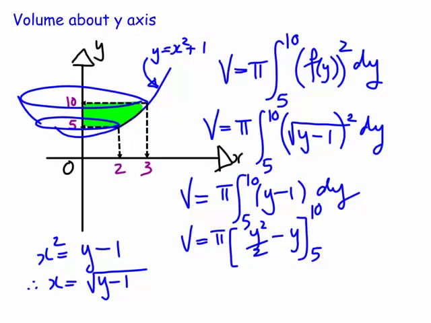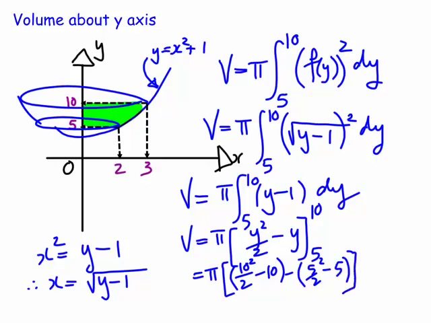So it's pi times 10 squared on 2 minus 10, minus 5 squared on 2 minus 5. 10 squared is 100, on 2 is 50, minus 10 is 40, minus 25 on 2 minus 5, which is about 7.5. When we multiply that by pi, we get 102.1.